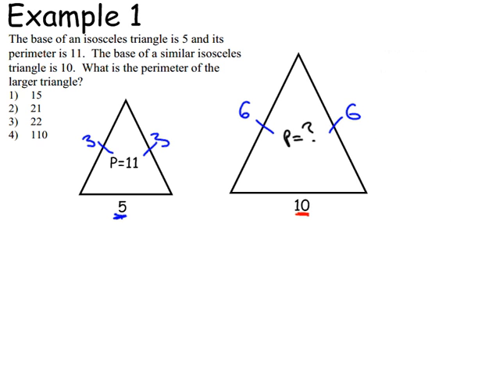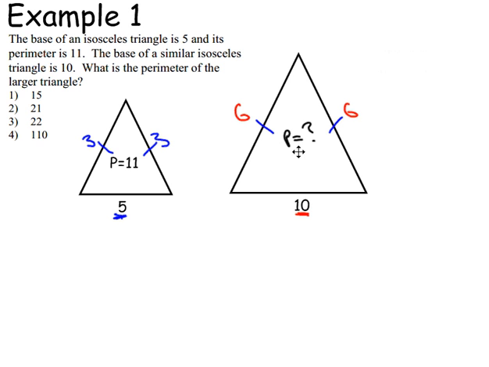If you don't like doing it that way, if you think that's too confusing, you could label the sides x and x, and then you can just do a proportion. You can do 3 over 5 equals x over 10. But either way, you're going to get 6 and 6.